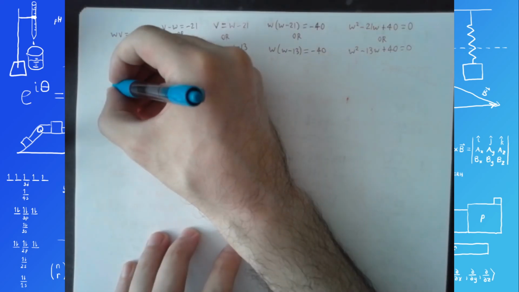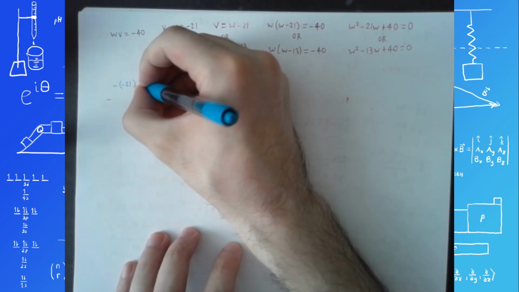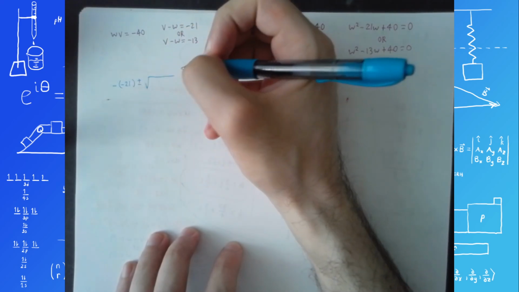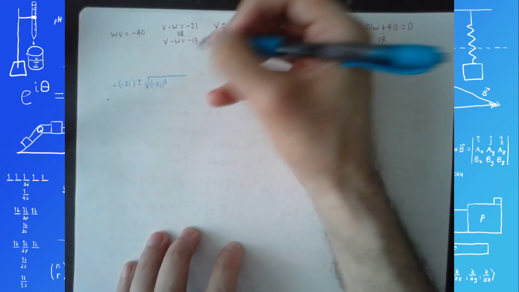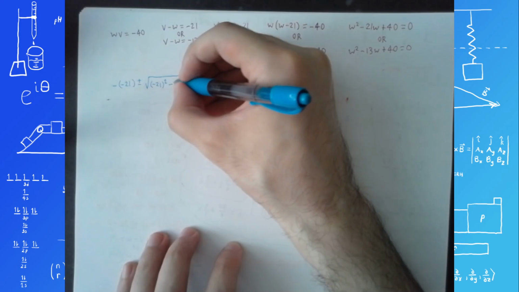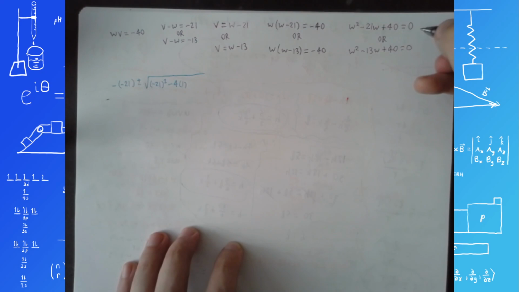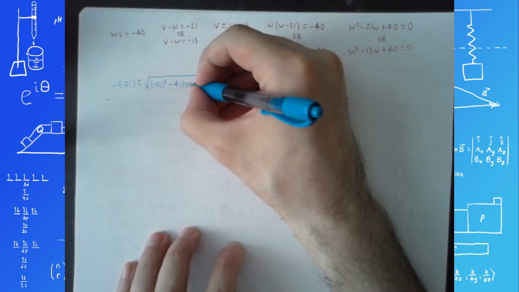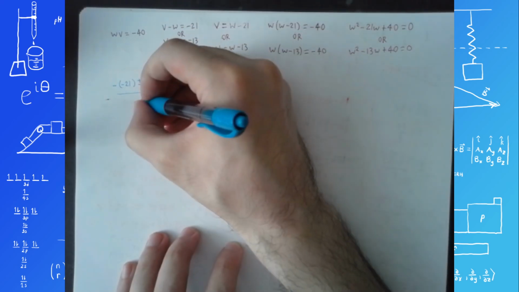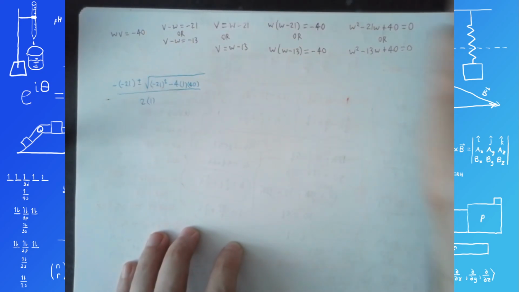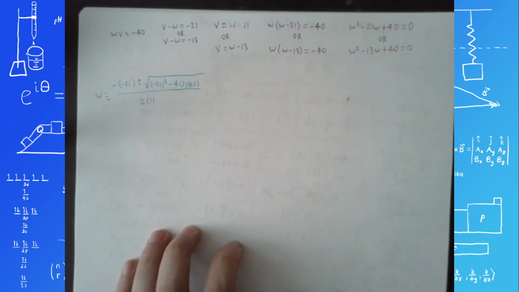So we've got negative 21 plus or minus the square root of 21 squared minus 4 times 1 times 40, all over 2 times 1. That is for the value of w in the first case.